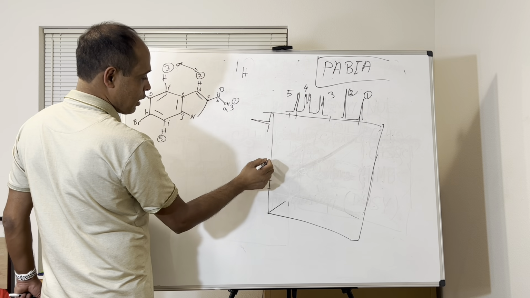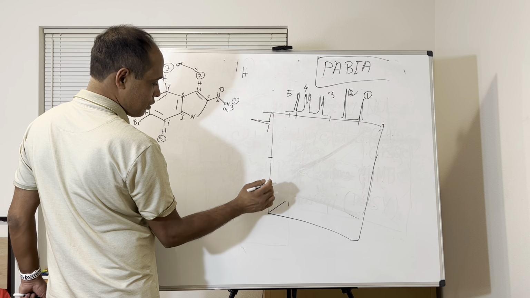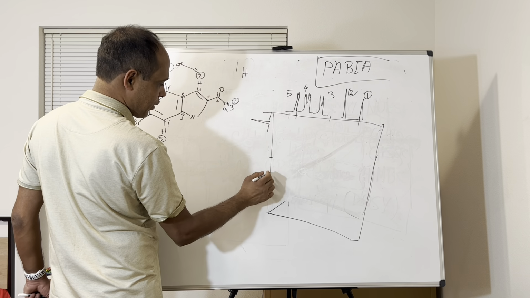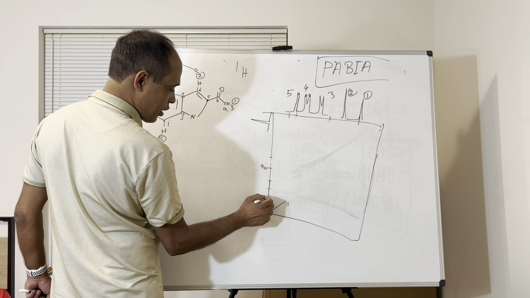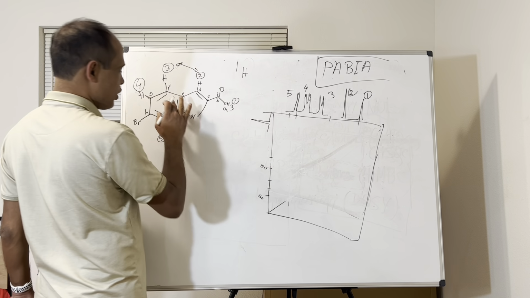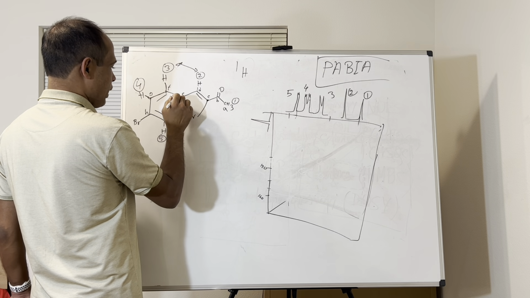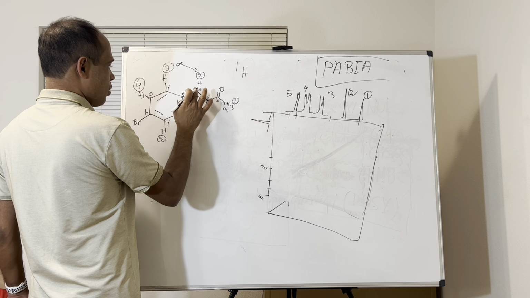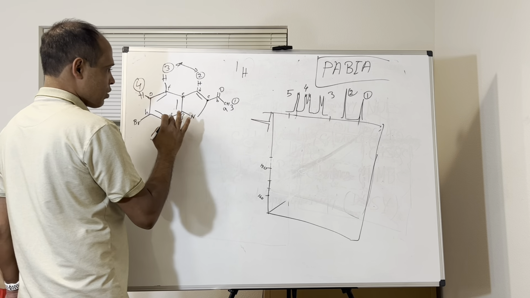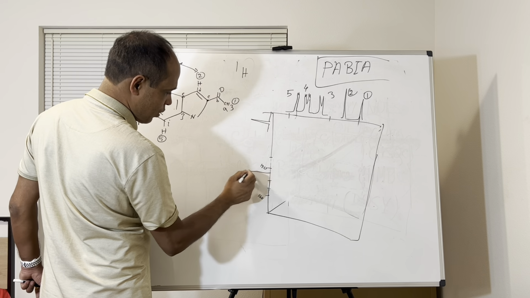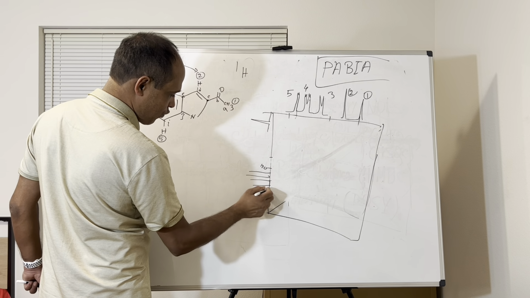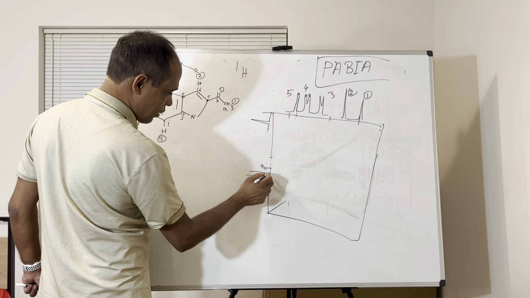Any double bonded carbon normally shows up from 120 to 160, including aromatic. So how many double bonded? 1, 2, and this is also double bonded. So 1, 2, and the 6. So total 8: 1, 2, 3, 4, 5, 6, 7, 8.